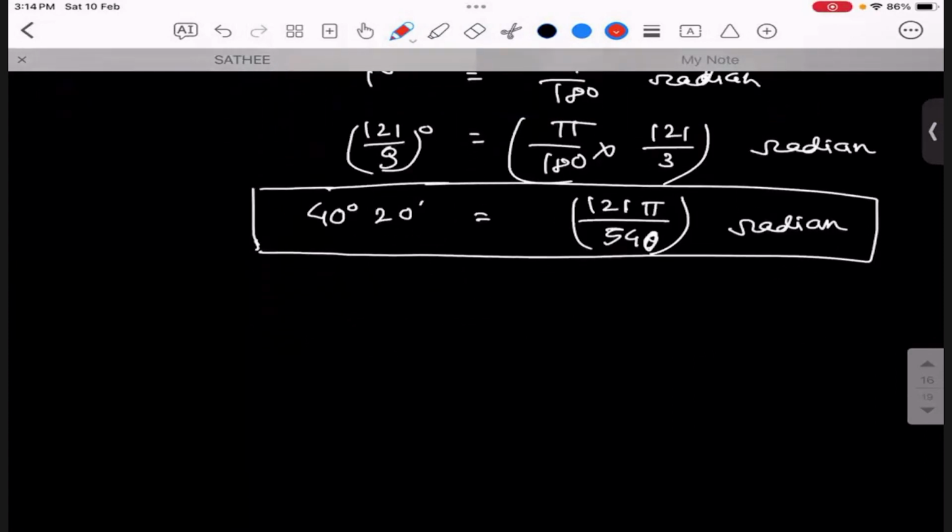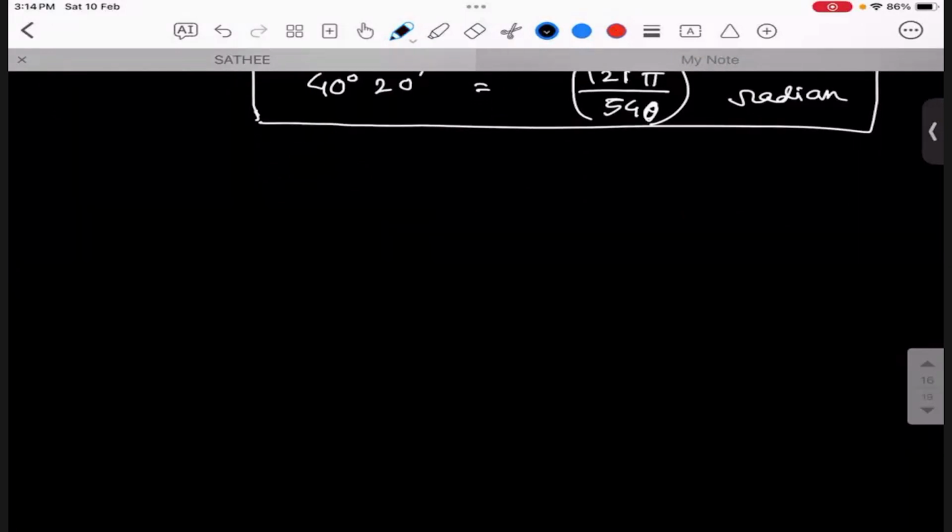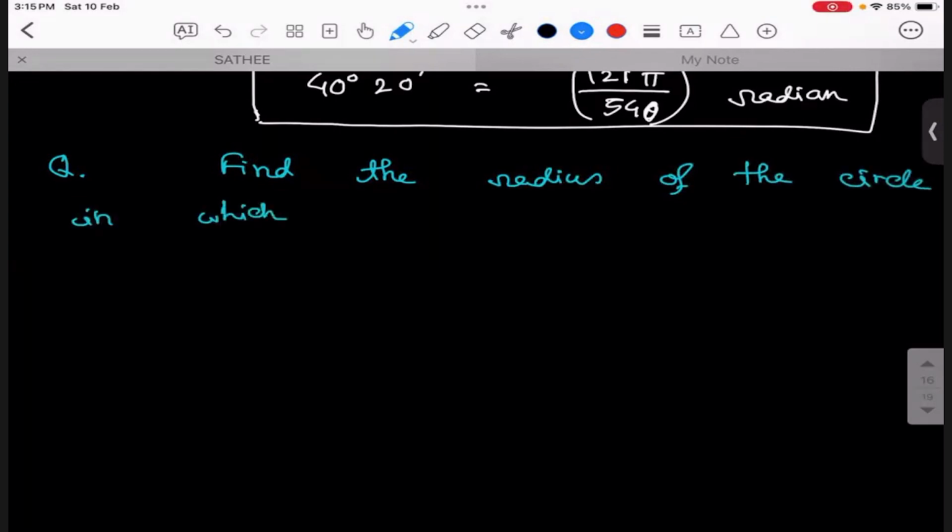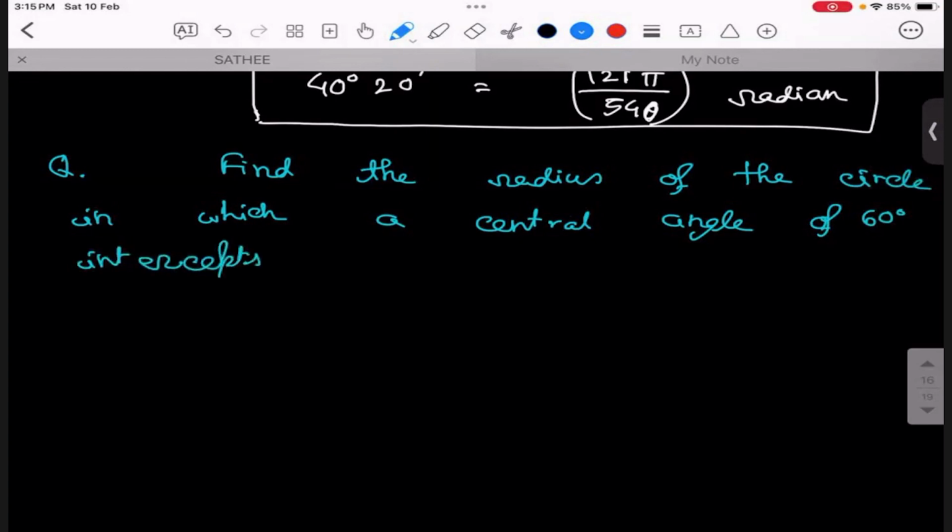Okay. So the next example. Question: find the radius of the circle in which a central angle of 60 degree intercepts an arc of length 37.4 centimeter.